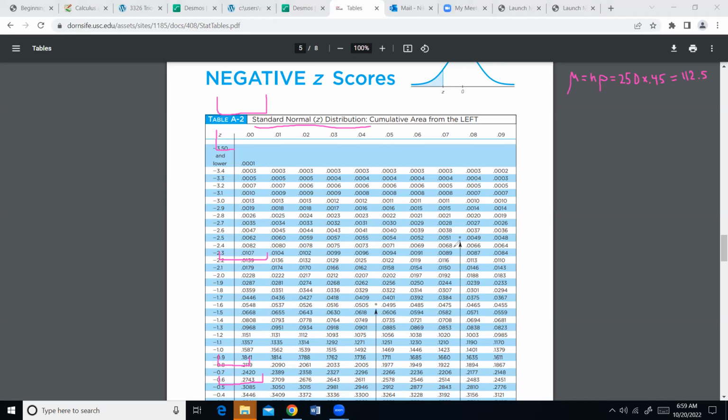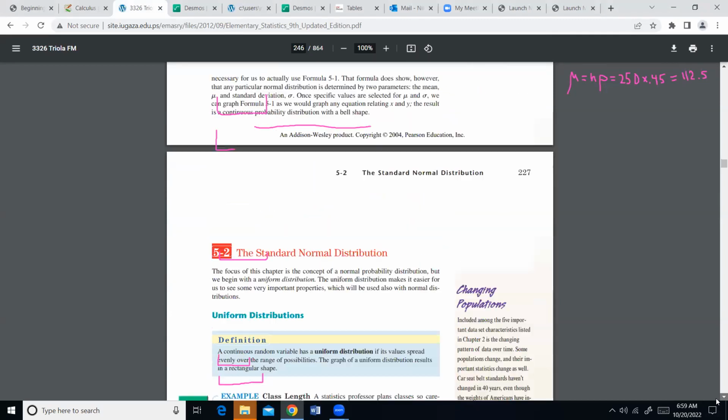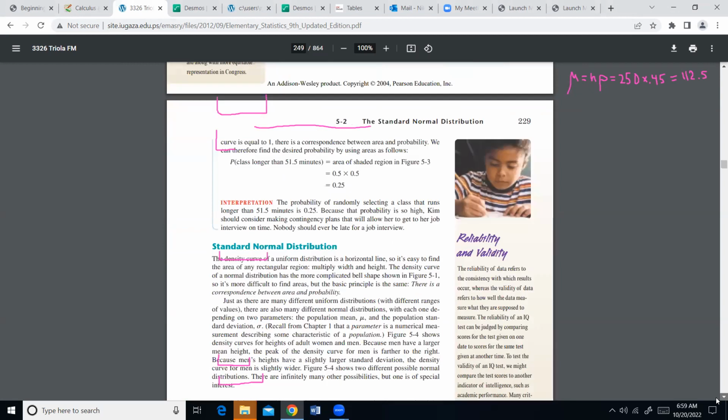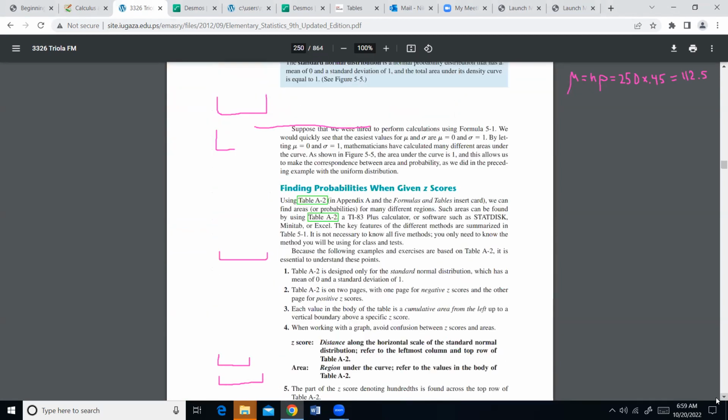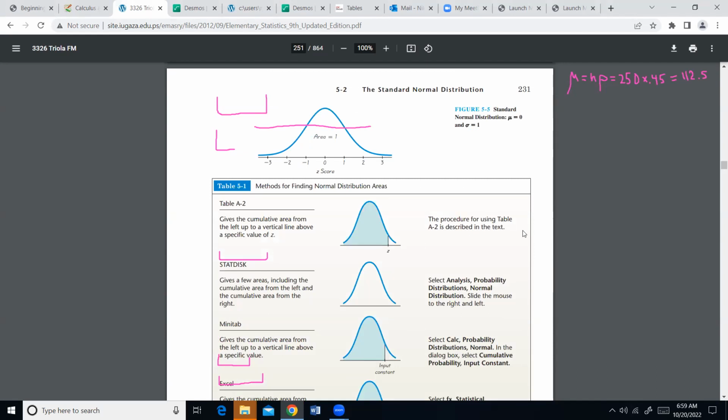So it turns out that they designed these tables for a special kind of distribution called standard normal. So let me go to the textbook and show you that special distribution is defined in such a way that average or mean is equal to 0 and the standard deviation is equal to number 1.